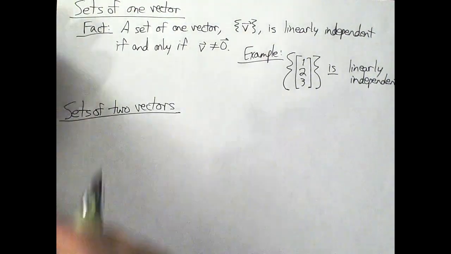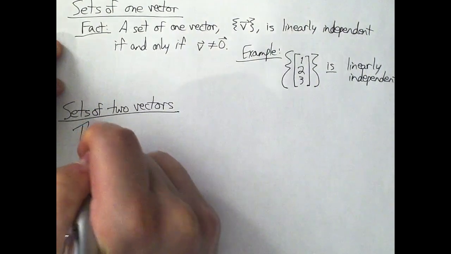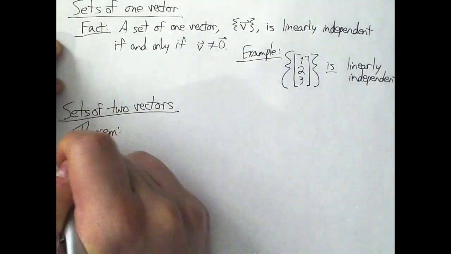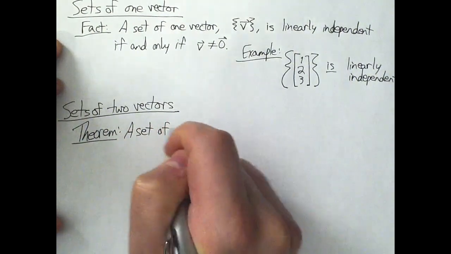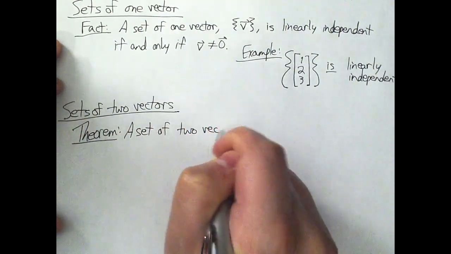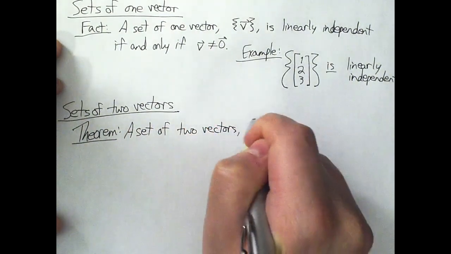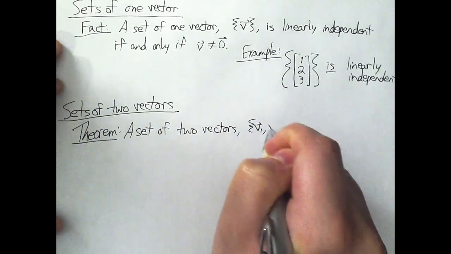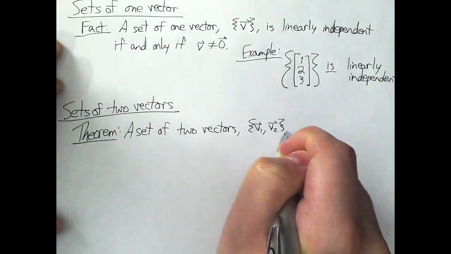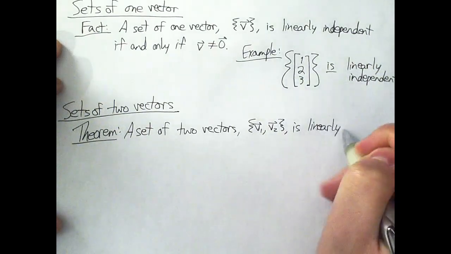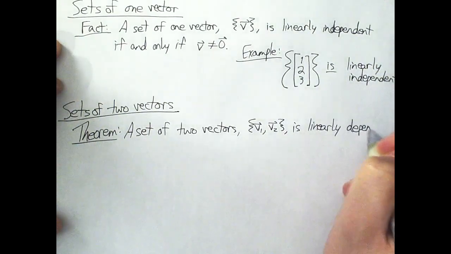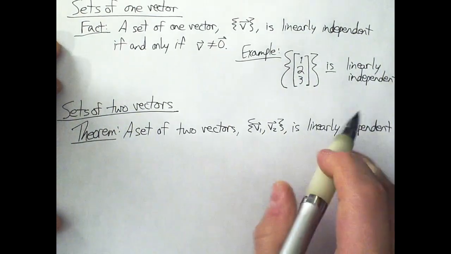we have a theorem. A set of two vectors, let's call them V1, V2, is linearly dependent. So remember which one that means.